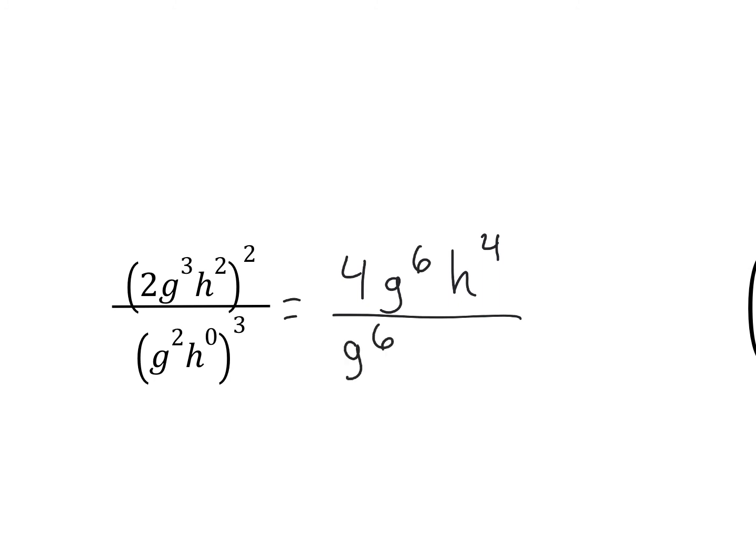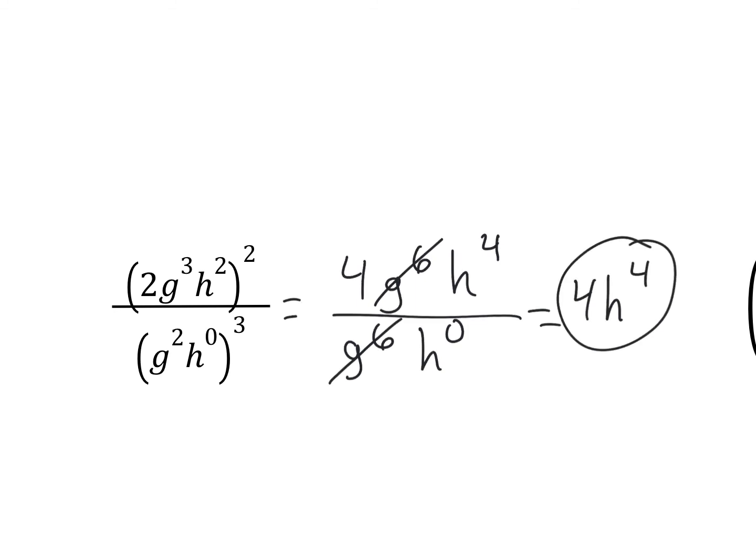And then h to the 0 times 3, but 0 times 3 is still just 0, so we still just have h to the 0. And then we can now divide and simplify. Well, that g to the 6th and that g to the 6th are going to eliminate, right? They'll divide out to 1, so we'll just have 4, and then h to the 4th divided by h to the 0. 4 minus 0 is still just 4, so we'll have 4h to the 4th.